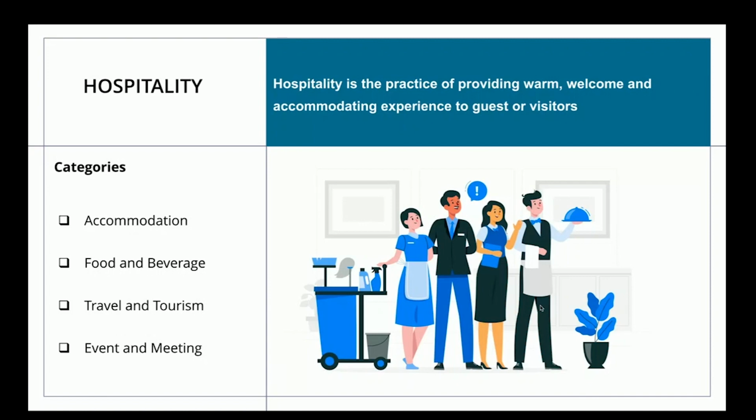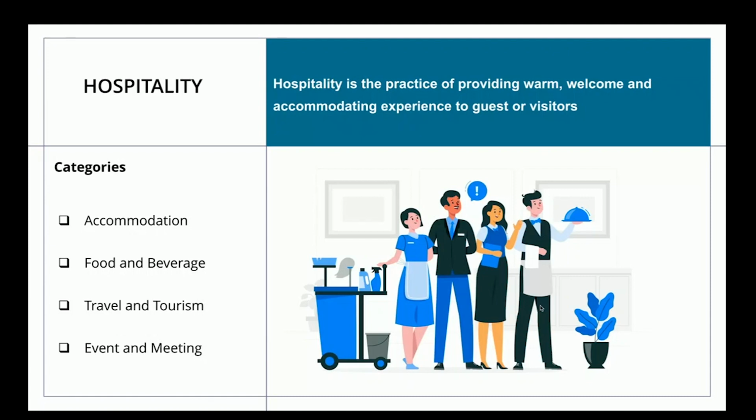The entire journey in this travel part comes under this category, travel and tourism. And at last is going to be events and meetings. When I talk about events, from creating the event till providing the promotions, everything comes under this category, events and meetings. So these are the four major categories involved in the hospitality industry.